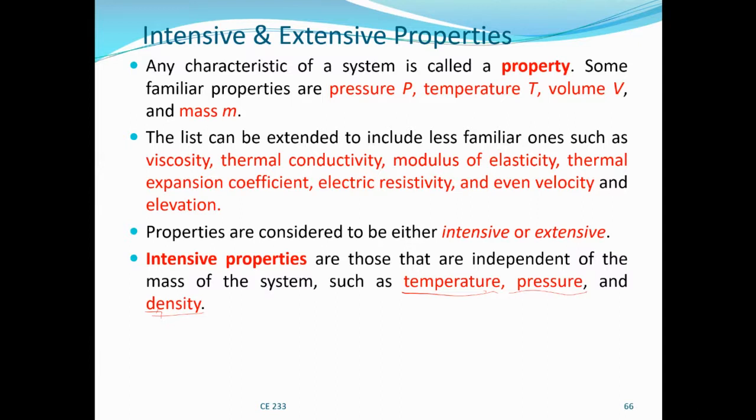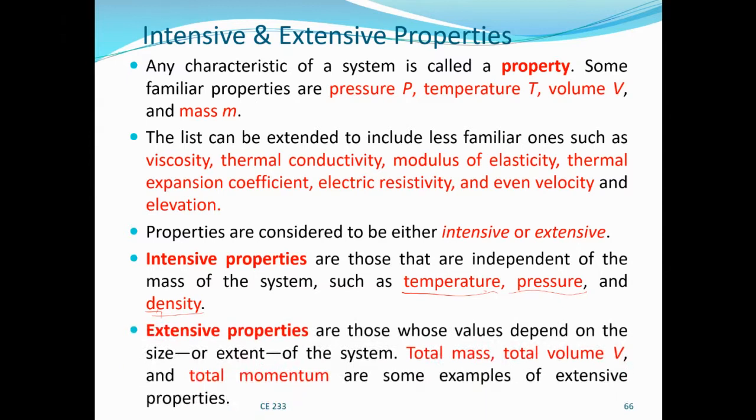Now, the opposite of the intensive properties are the extensive properties, which are those that depend on the size or extent of the system, like the total mass or the total volume. Examples are total mass, total volume, and total momentum.